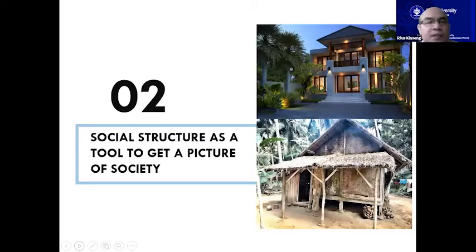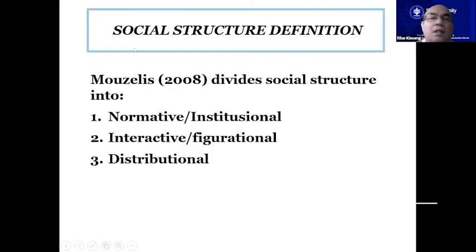Now we come to the second part, social structure as a tool to get a picture of society. We start by the definition or meaning of social structure. As mentioned here, Nikos Mouzelis divided social structure into 3, actually 4 according to him, because in the distributional he also explained virtual and actual aspects.